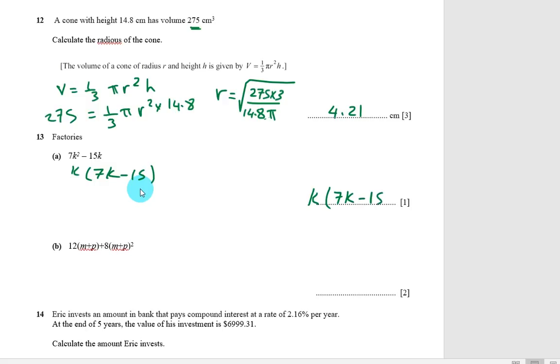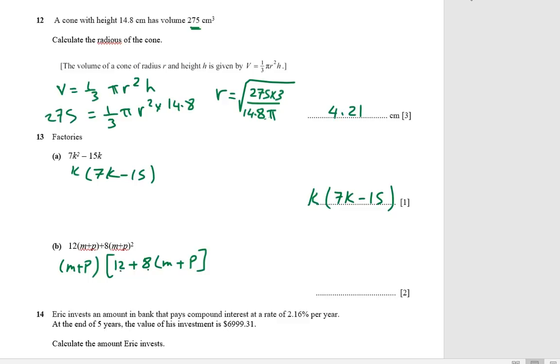12 m plus 8 m squared... let us take m plus b as a common factor. So 12 plus 8, m plus b. Let us take more common factors.